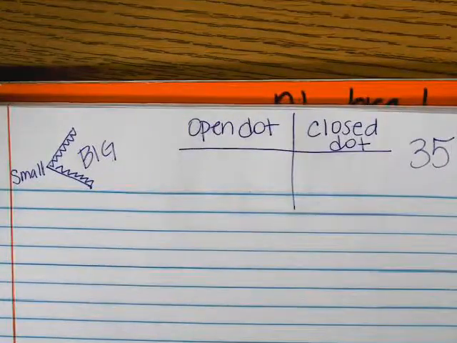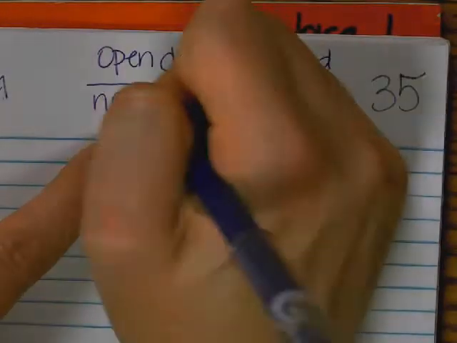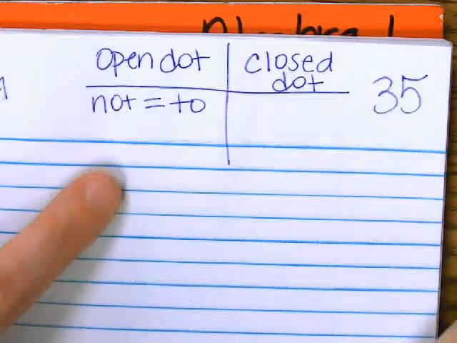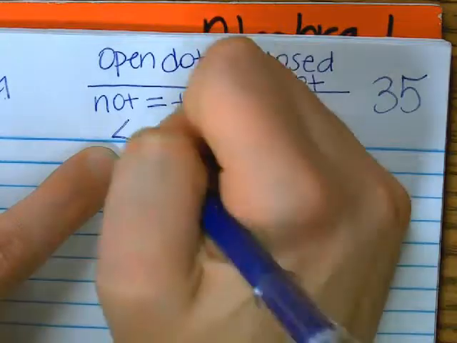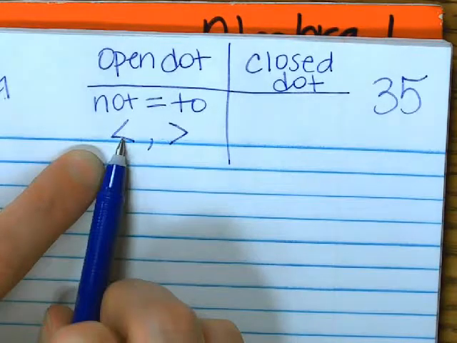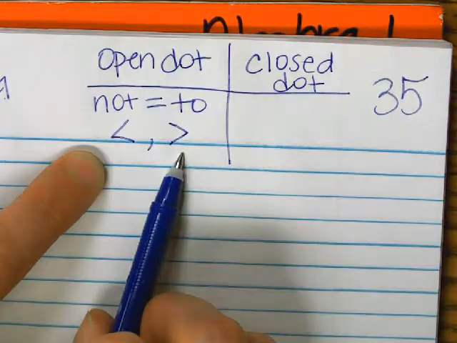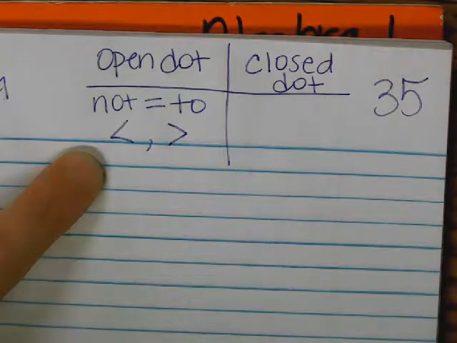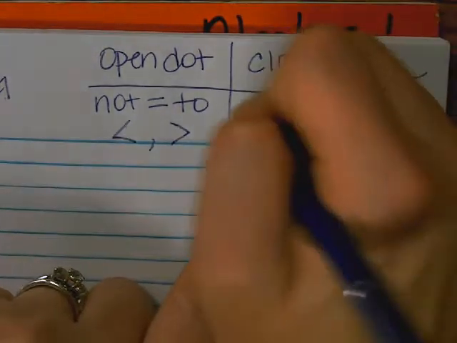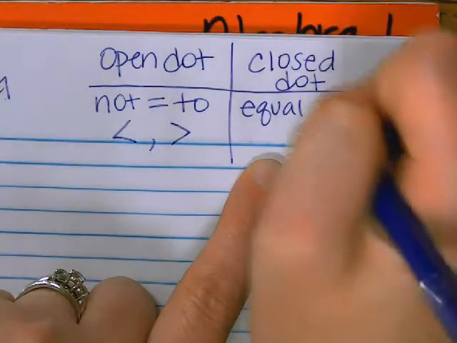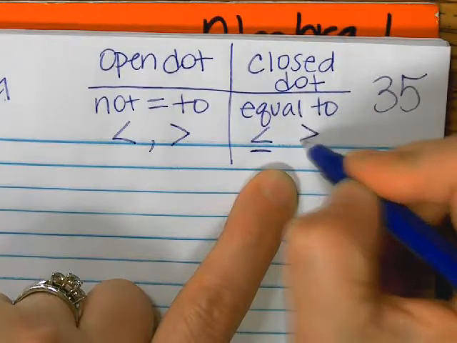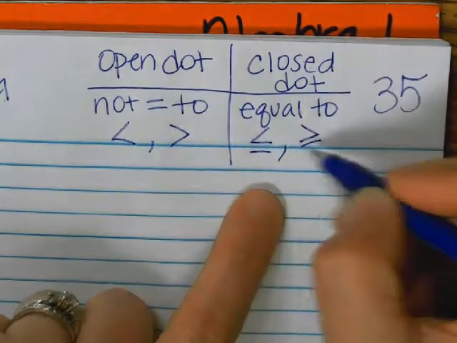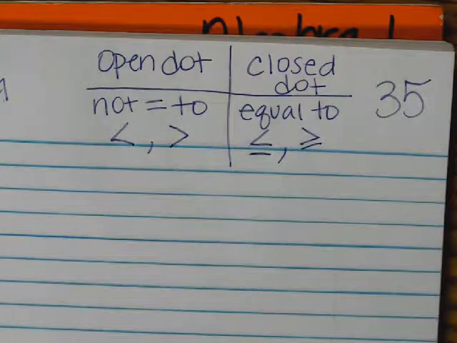An open dot means not equal to. So if I have the less than symbol or the greater than symbol, I'm going to use an open dot. A closed dot means equal to. So if I have this symbol or this symbol, I'm going to use a closed dot.